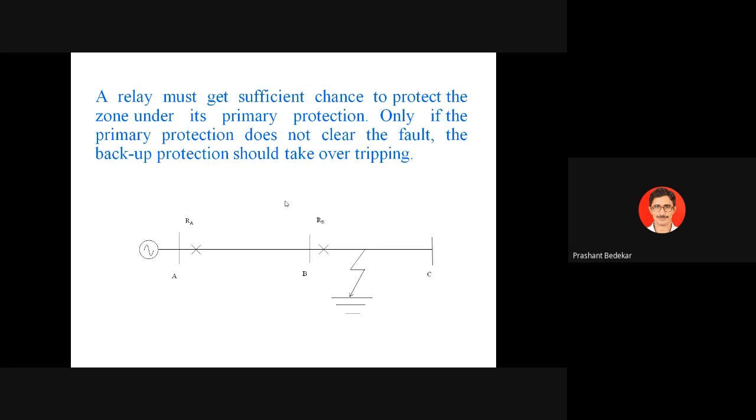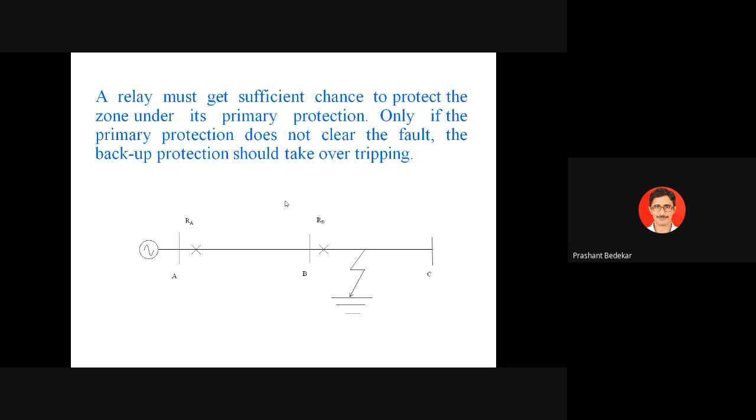If HOD is not able to solve the problem, then only the problem should be taken over by principal. That philosophy is actually primary backup protection philosophy. So, only if the primary protection does not clear the fault, the backup protection should take over tripping.